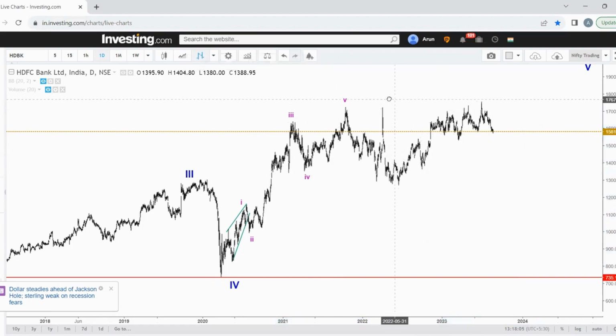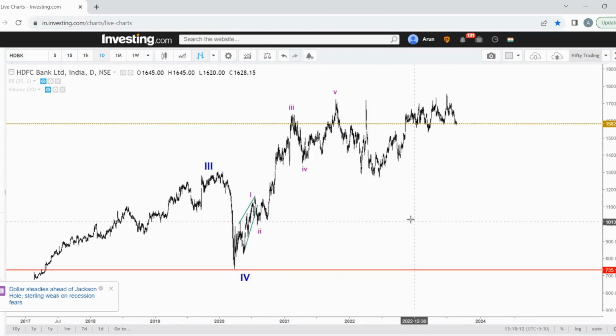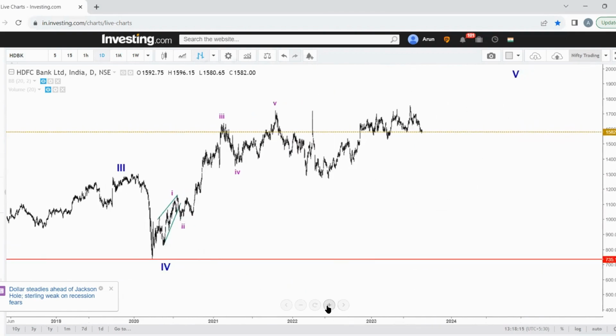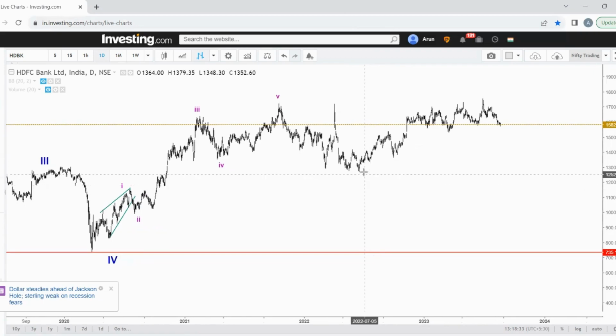Whether we have completed the correction or still have a pending correction, if you analyze this correction part, this could be 1, A, B, C and X and A, B, C. Even if we take it as W, X, Y. After this, see, this is not okay, fine.